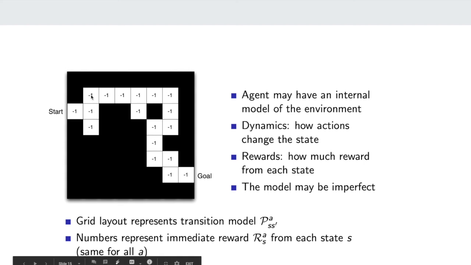And the numbers inside all of these boxes represent the immediate reward that our agent would receive if it goes there, right? For all of these, it's -1 because that's how the programmer in this scenario specified. We talked about how setting it to -1 would incentivize the agent to go as quickly as possible, and so that's why it's -1. And so this is basically a model.